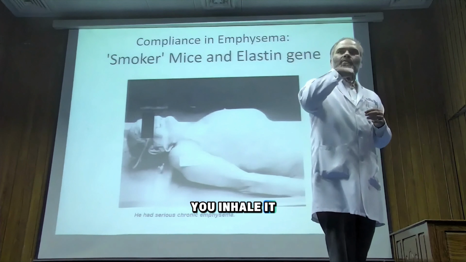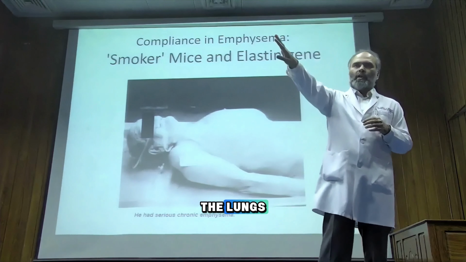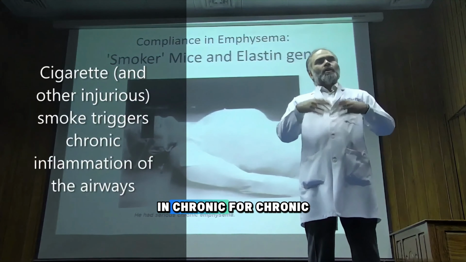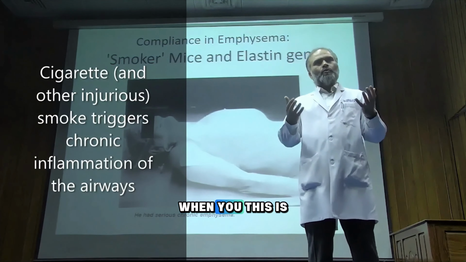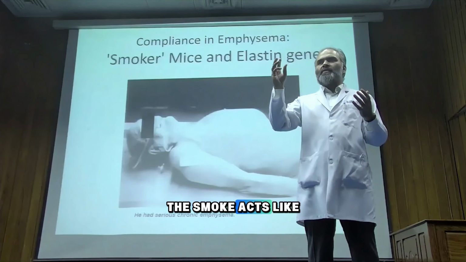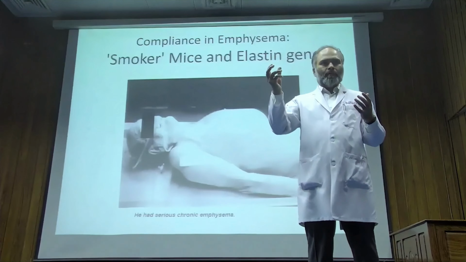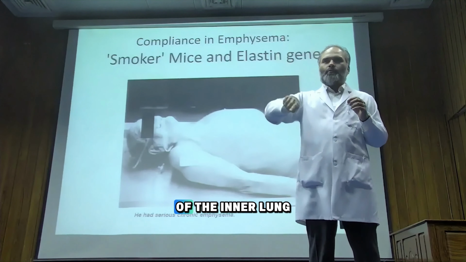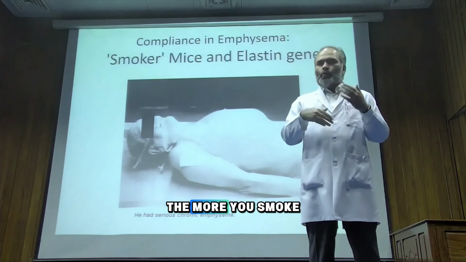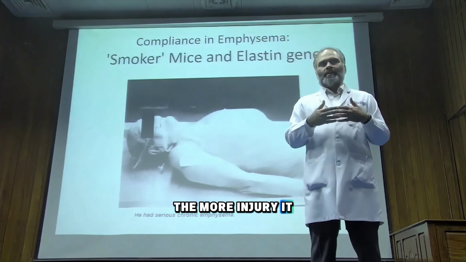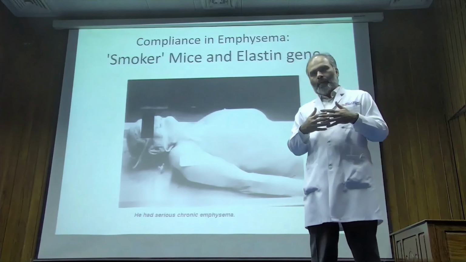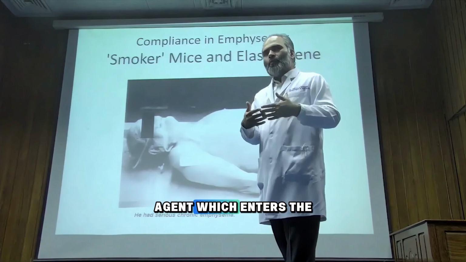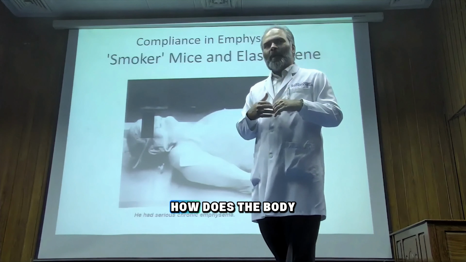When you inhale it, it goes right into the lungs, deeper structures, alveoli, and all that. In chronic smoking, the smoke acts like an injurious agent. So it literally injures the lining of the inner lung. The more you smoke, the more injury is done. So what happens when there is a foreign agent which enters the body? How does the body react?